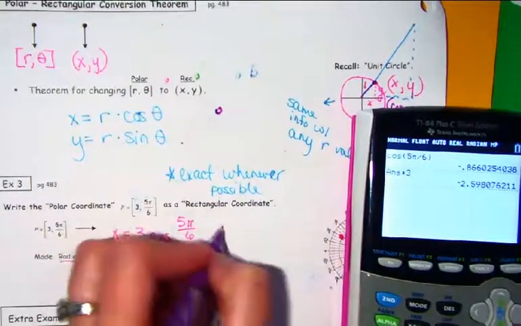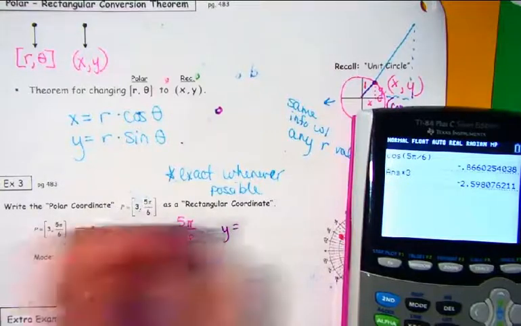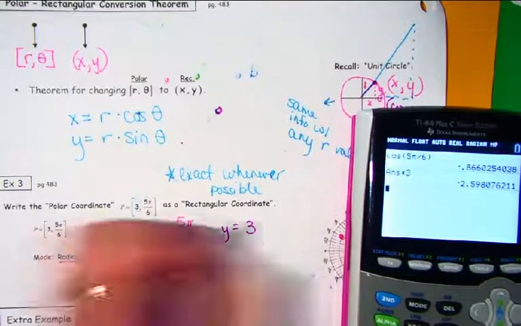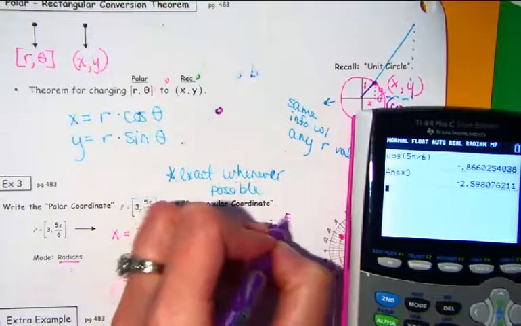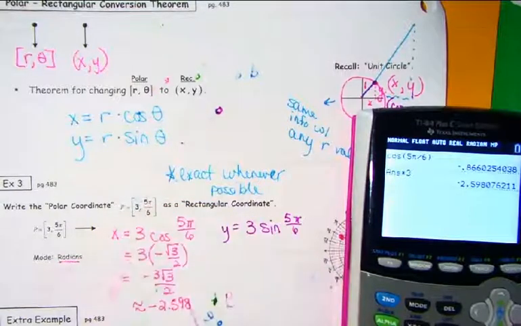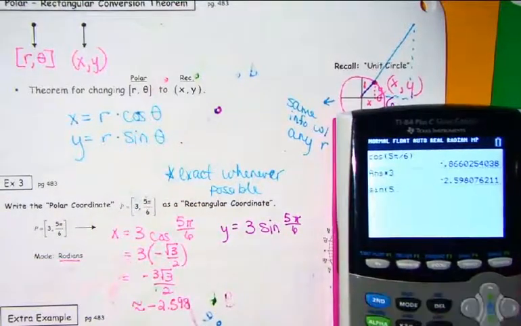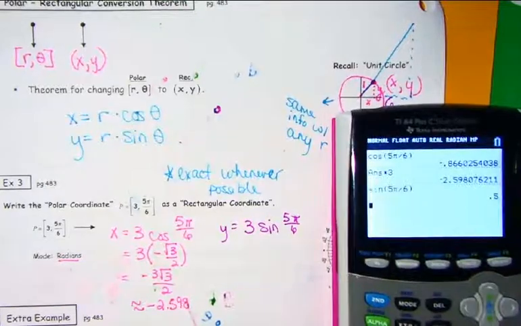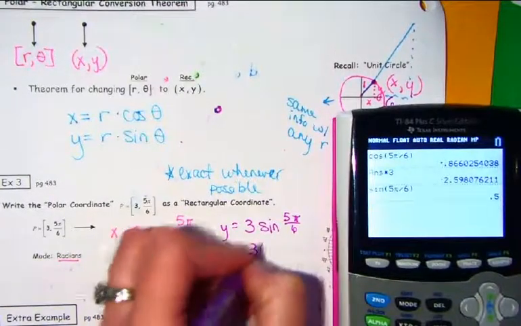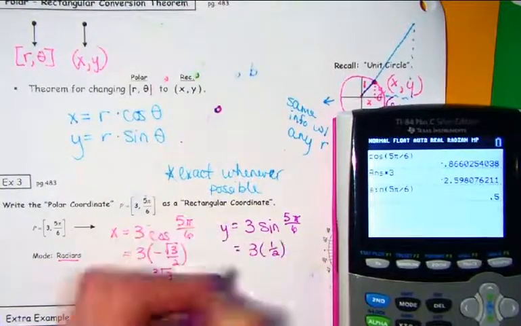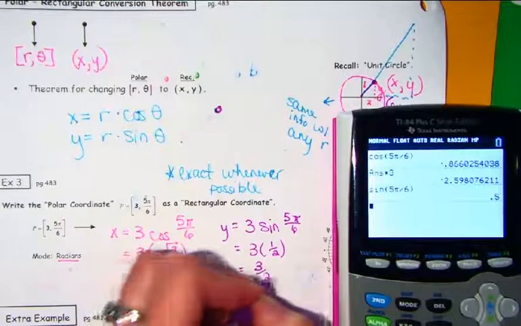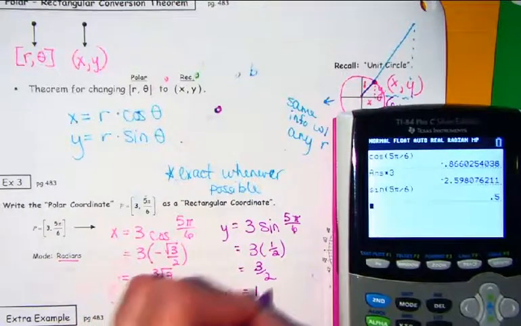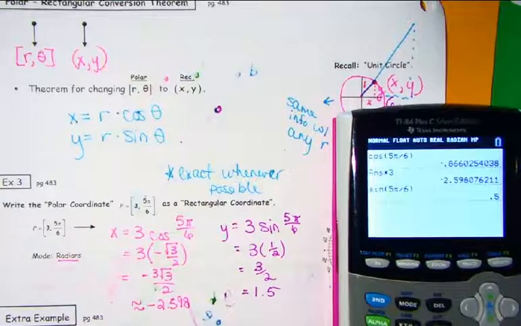Let's see what we have for our y coordinate. Again, it's that radius, this time times the sine of 5 pi over 6. Sine of 5 pi over 6 is looking like 1/2. That's awesome. Positive value. So we're looking at 3/2 or 1.5, either way.